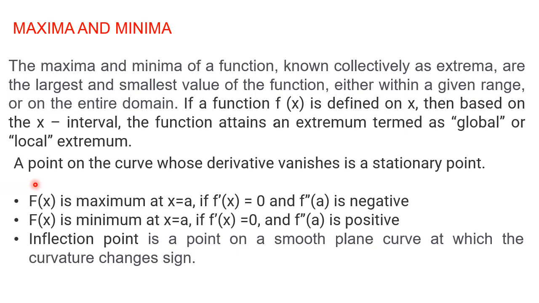It is a maximum at x equals a if f prime of a equals 0 and if f double prime of a is negative, whereas it is a minimum at x equals a if f prime of a equals 0 and if f double prime of a is positive.